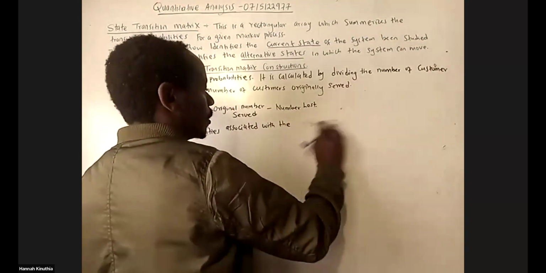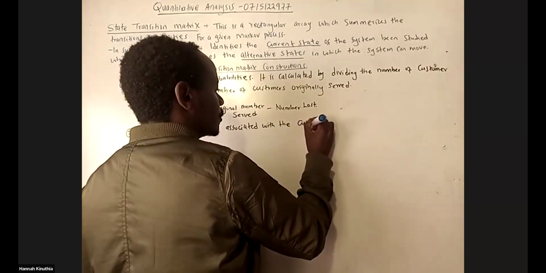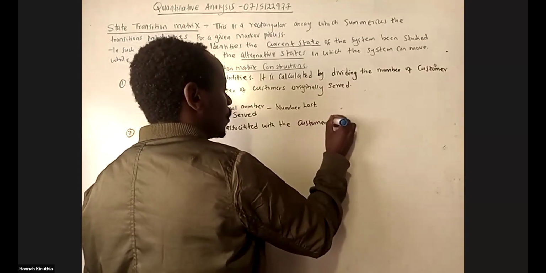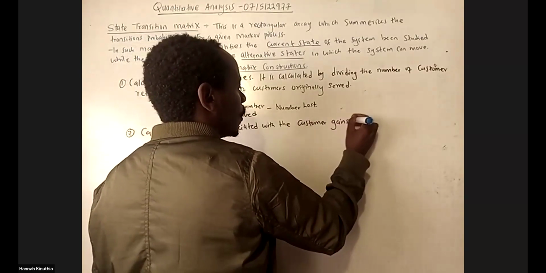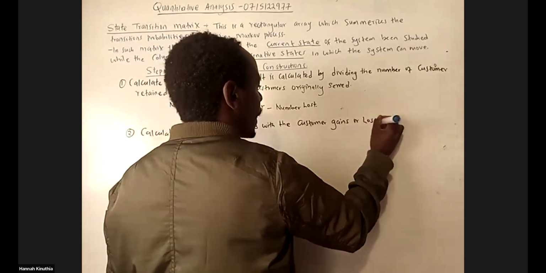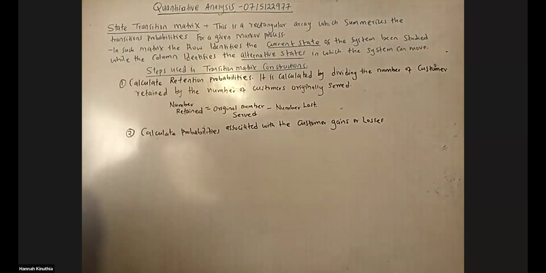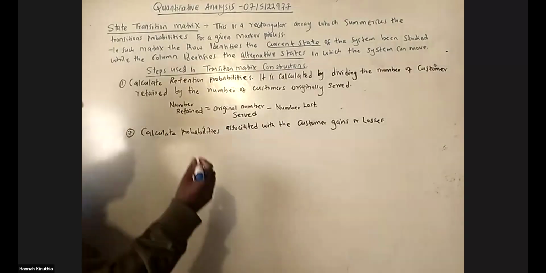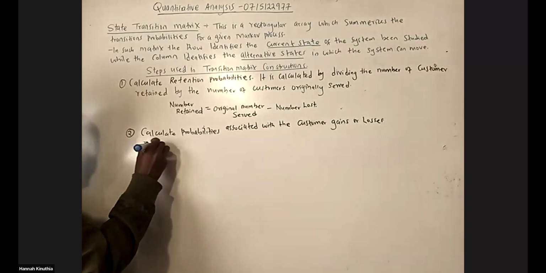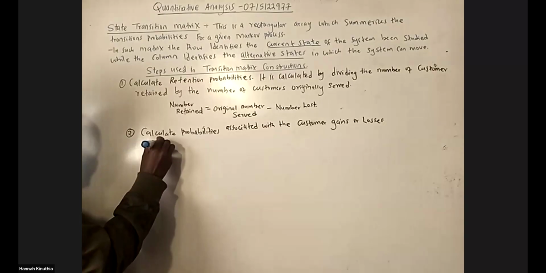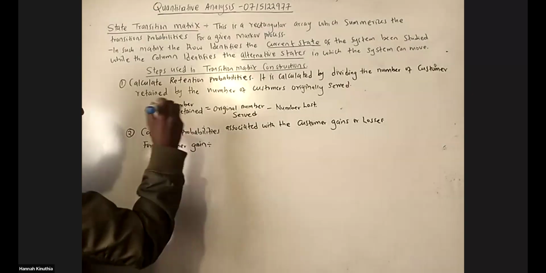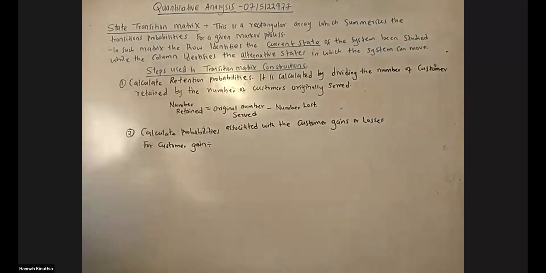Let's use the word customer gains or losses. So calculate the probability associated with the customers' gain or losses. Now we start with the first one. For customer gain, how do we do it?